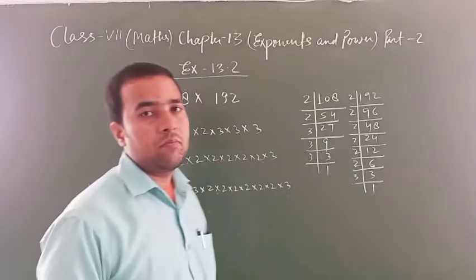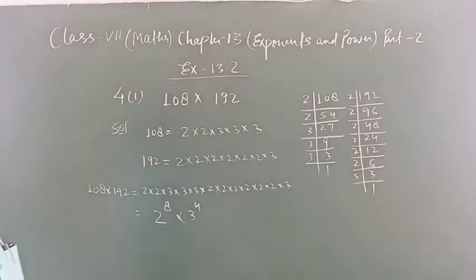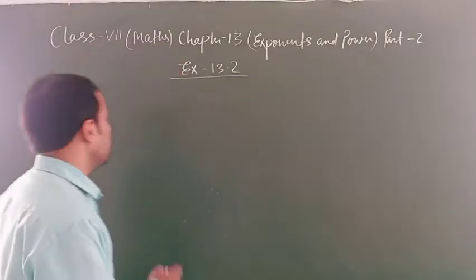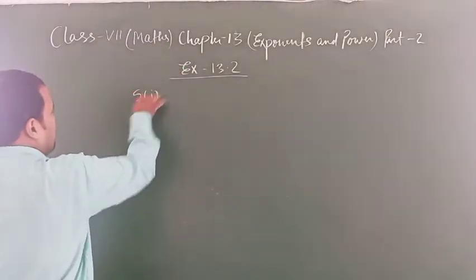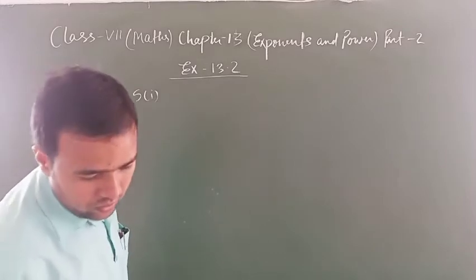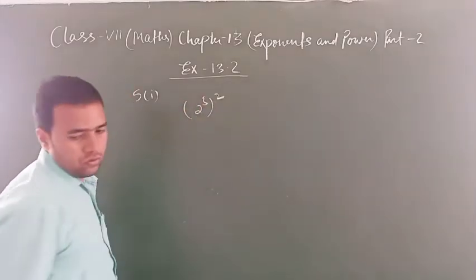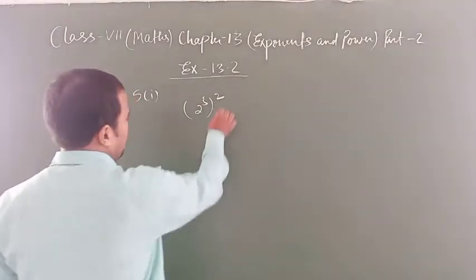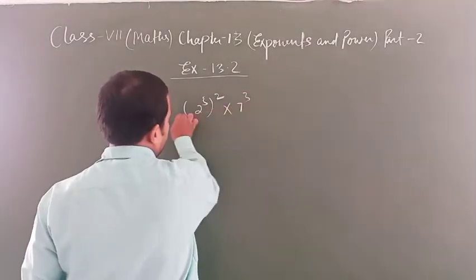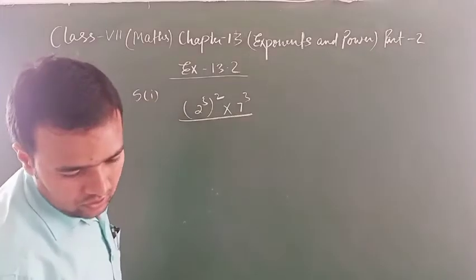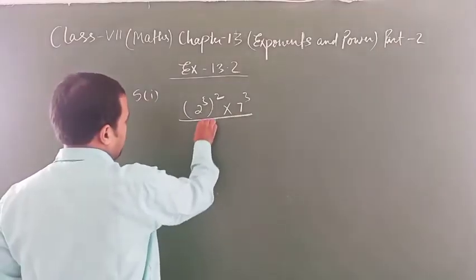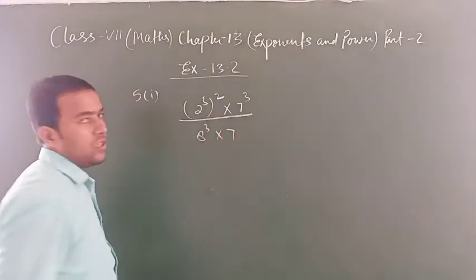Question number 5, simplify. Note down this. Question number 5: 2 power 5 power 2 into 7 power 3 upon 8 power 3 into 7. Clear?